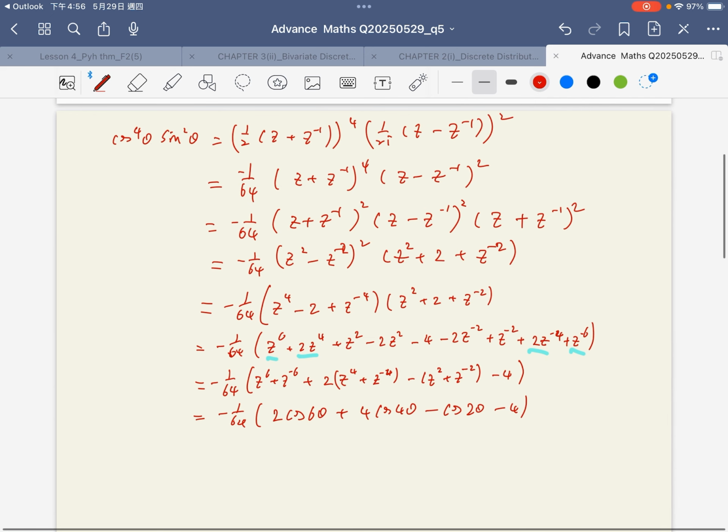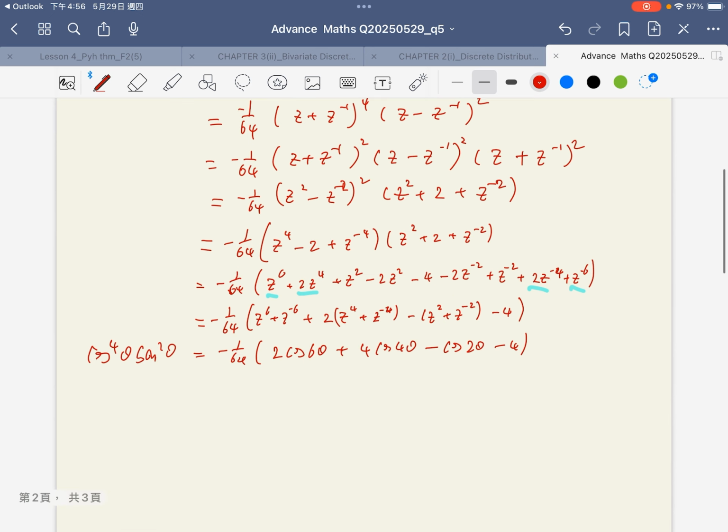And finally, I multiply both sides by 32. Oh, this is 2, I missed one term.